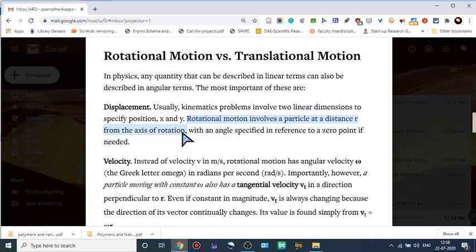The velocity is also replaced by the angular velocity.